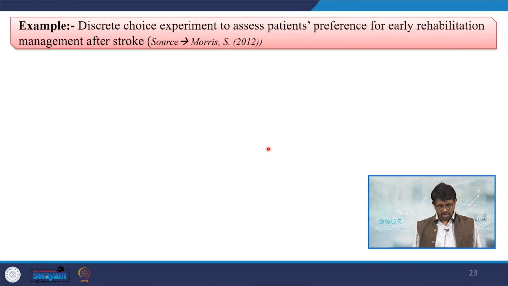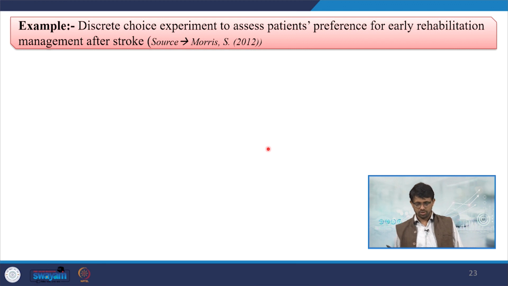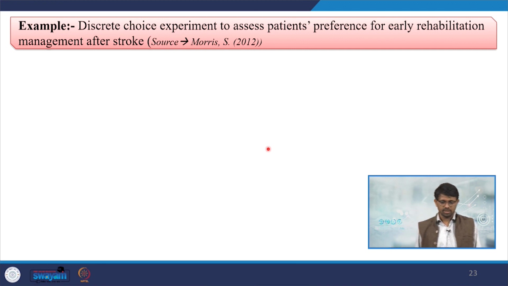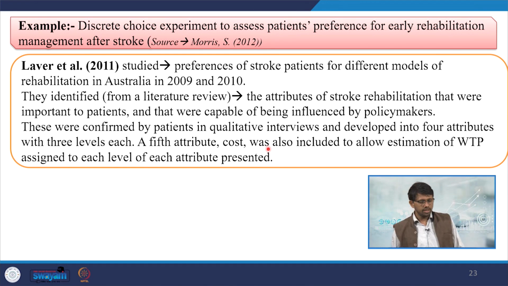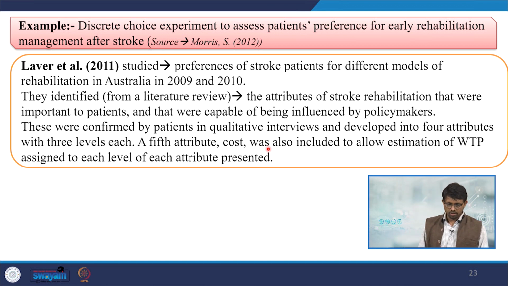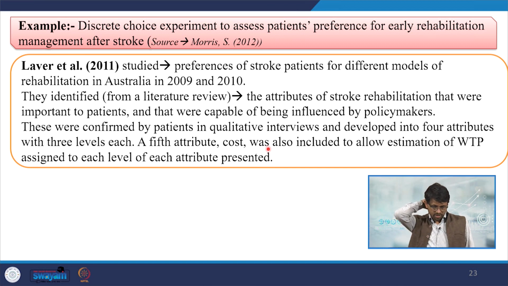Now, let us use an example to understand the DC application in health issues in particular, and we will clarify all those 5 methods we just mentioned. Here is an example of a DC to assess patient preference for early rehabilitation management after stroke. We are referring to the Laver et al. 2011 paper, which studied preferences of stroke patients for different models of rehabilitation in Australia in 2009 and 10.